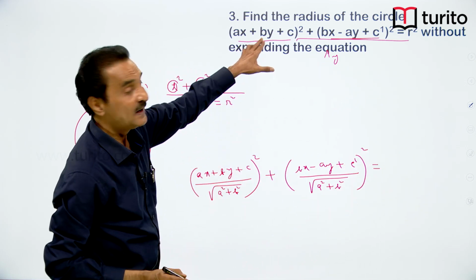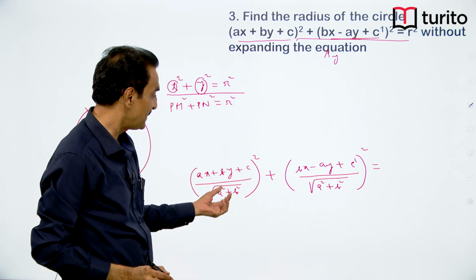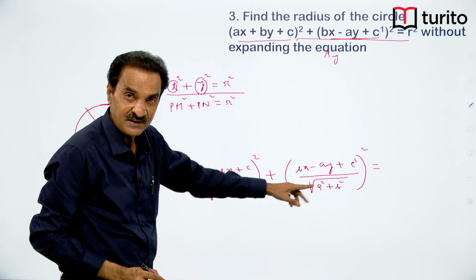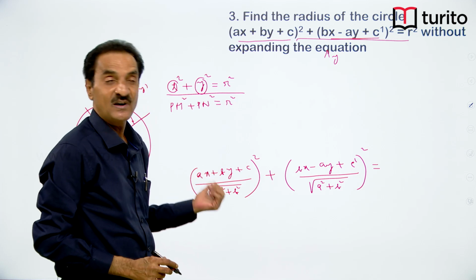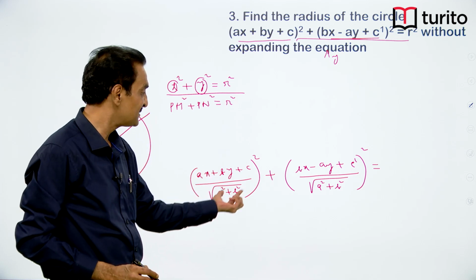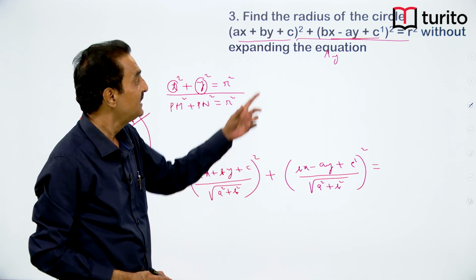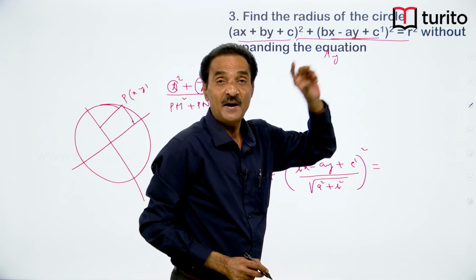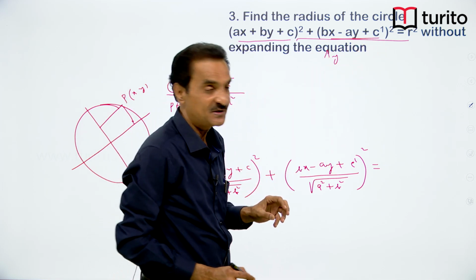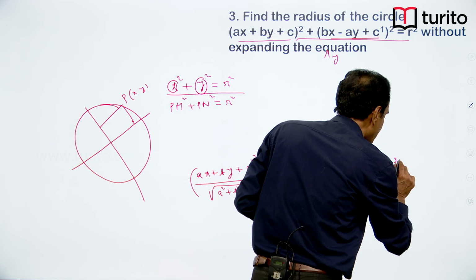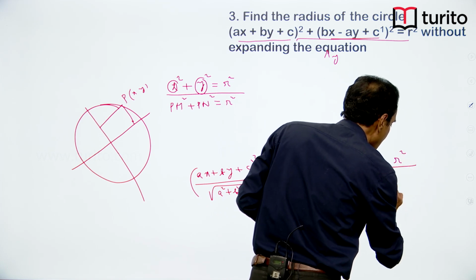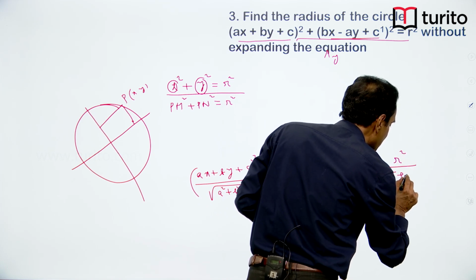So, I wrote the left hand side expression like this. That means, I have divided the entire LHS by a square plus b square. Square root of a square plus b square whole square is a square plus b square. So, I have to divide RHS also by a square plus b square. So, RHS becomes r square by a square plus b square.